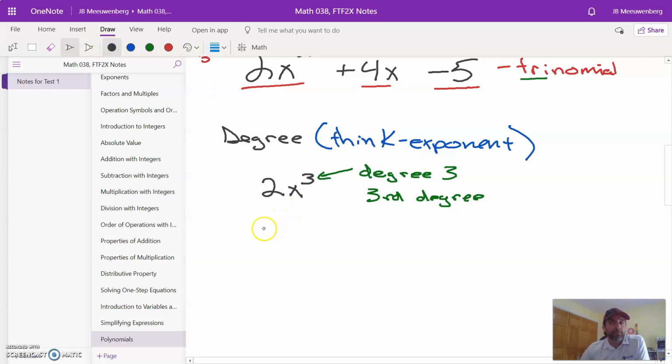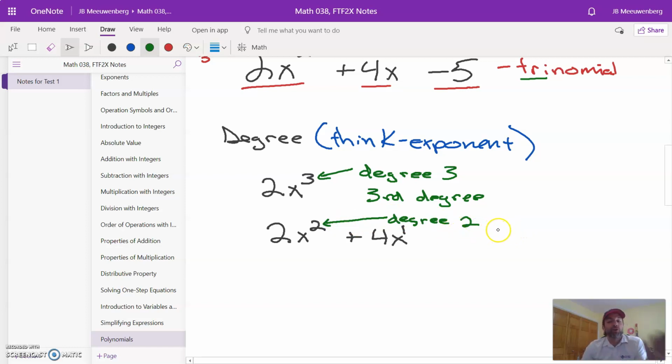If we have a polynomial with two terms, 2x squared plus 4x. Well, now we have two separate terms, right? We've got a 2x squared, and we've got a 4x, and the x has an exponent of 1. And so we say that this thing is a binomial, but you always go with the higher of the two degrees. So 2 is higher than 1. So we say this is degree 2.